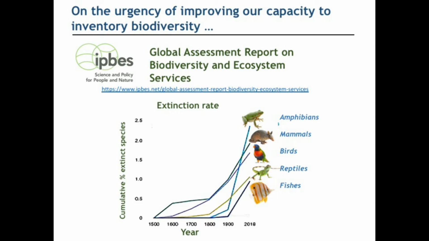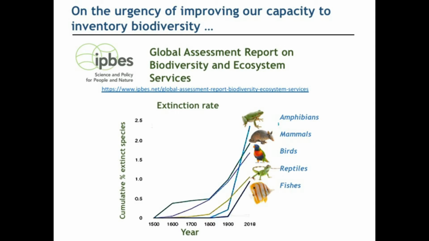So there's been this report that came out this year from the Global Assessment Report on Biodiversity and Ecosystem Services that makes a very exhaustive, comprehensive update on where we are now in terms of the situation with our biodiversity.